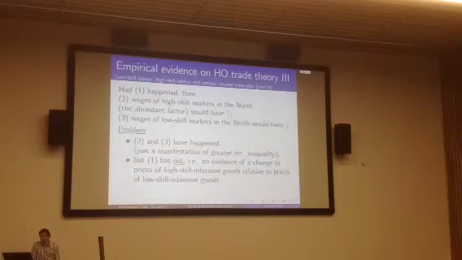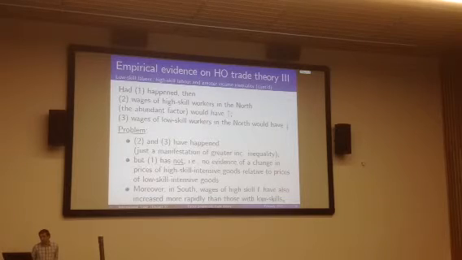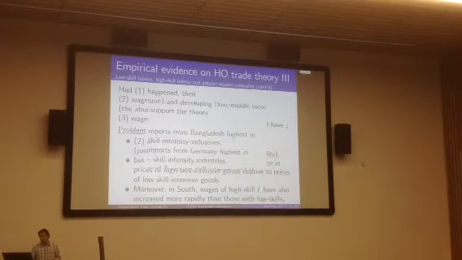It's not true that the prices of high-skilled intensive goods have decreased relative to the price of low-skilled intensive goods. If anything, the opposite has happened. Yeah. So Heckscher-Ohlin theory, can it help explain the increase in inequality within countries? Only to some extent.